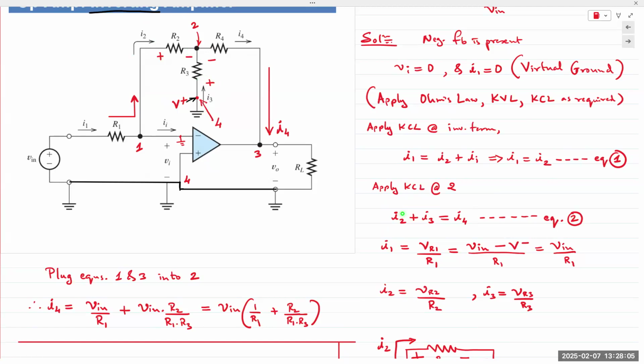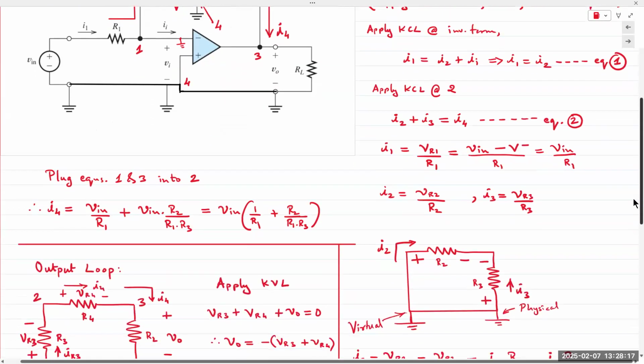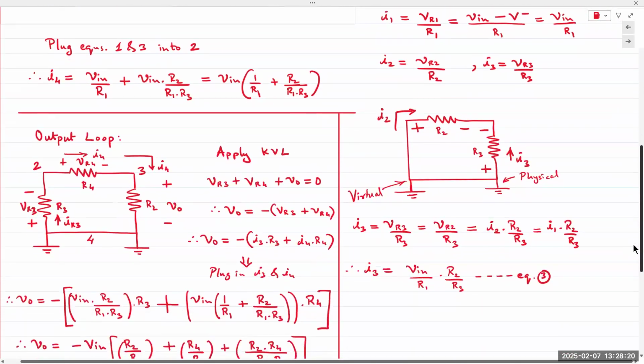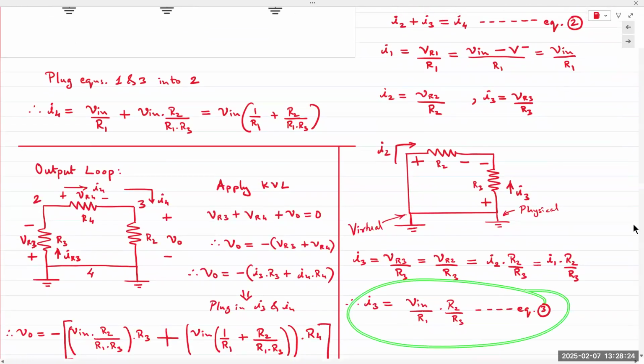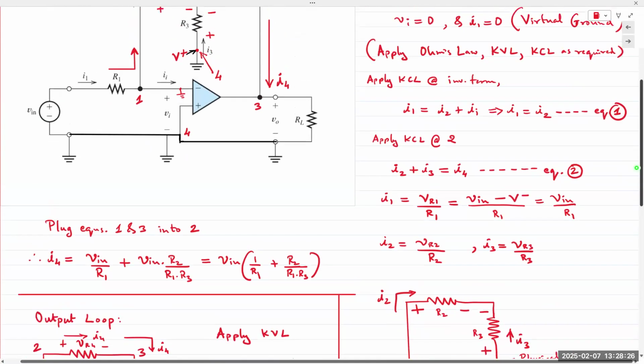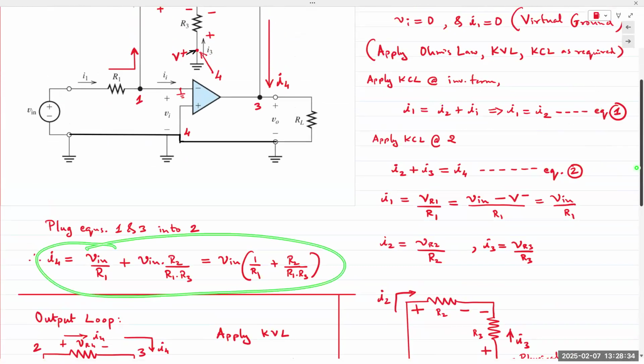And we already obtained an equation for I3, which has V in. So now we need to write expressions for I4, which has V out. If we plug the equations we derived, equation 3 and equation 1, into equation 2, we obtain this expression.